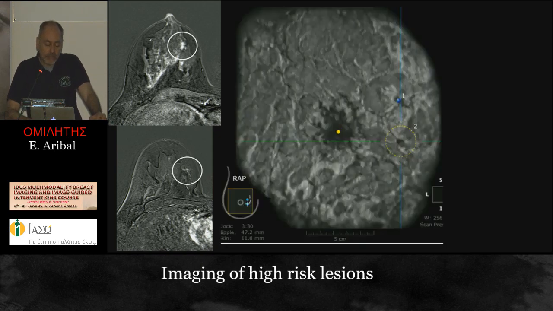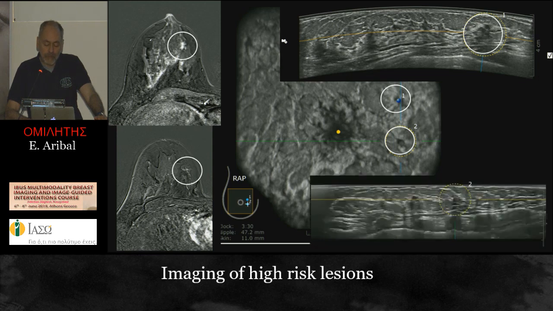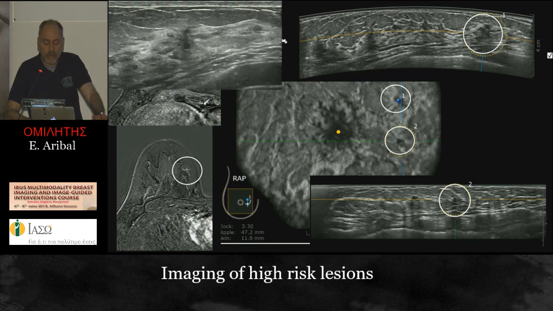On automated breast ultrasound, you see two lesions close to each other, one at 3 o'clock and one at 2 or 2:30. Here is the transverse image of the lesion on the upper part, and here on the lower part. It looks like a mass. It has continuity with the ductal system, so it looks like papilloma.